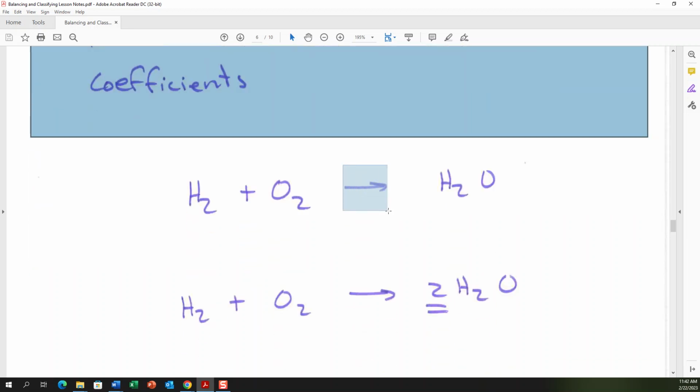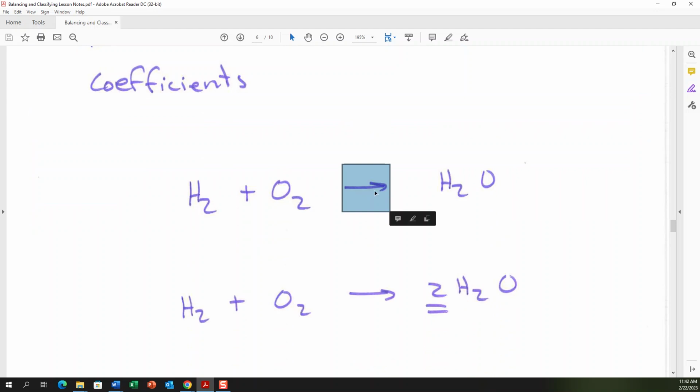A way to think about the yield sign is that it's an equal sign. The stuff on this side has to equal the stuff on this side in terms of mass, in terms of matter. So the number and types of atoms on this side have to equal the number and types of atoms on this side. But I can't change the subscripts, okay?